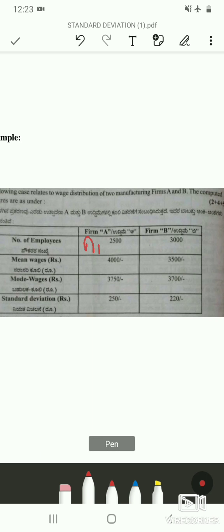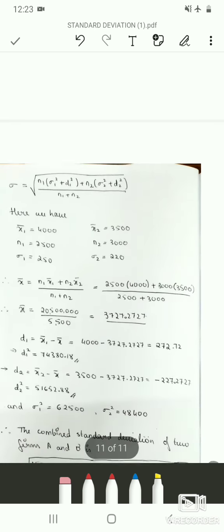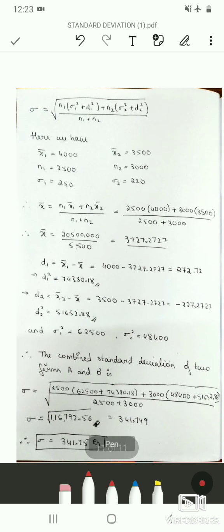So this is your n1, this is your n2, and mean wages is nothing but x1 bar and this is your x2 bar, and standard deviation is sigma 1 and this is sigma 2. So you have these values, x1 bar and x2 bar, that is mean, and similarly n1, n2 and sigma 1 and sigma 2, that is standard deviation.